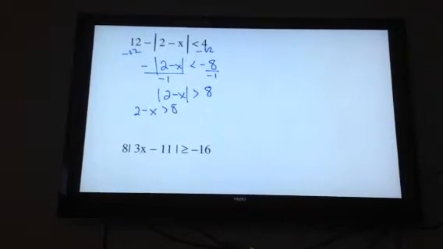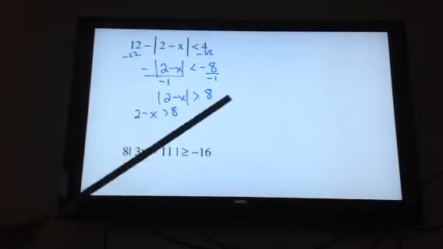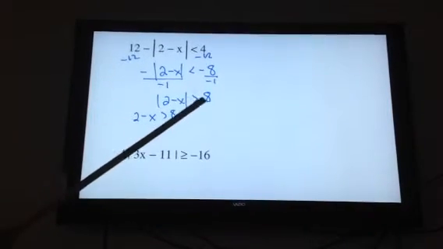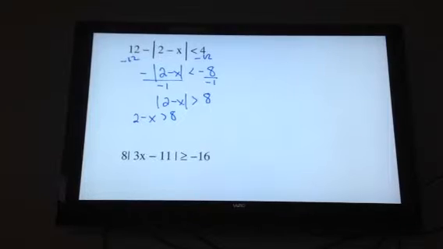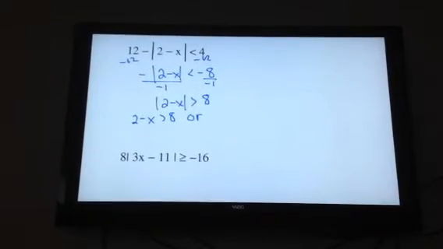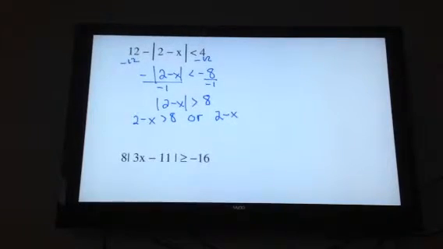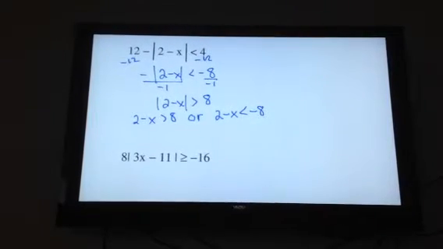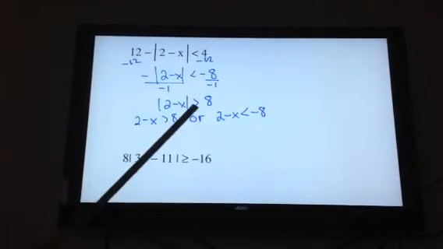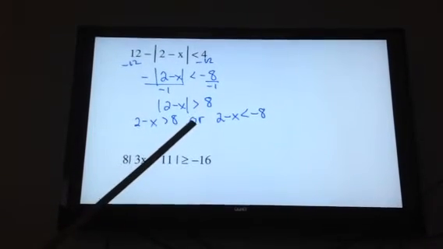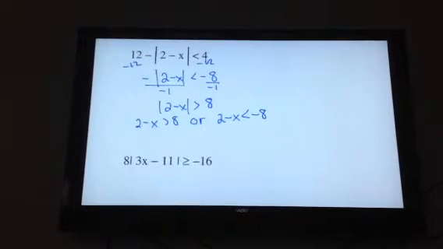The first case always just looks like exactly what you have, drop the bars. It is a greater than, so I'm going to have the word or, and then case 2, left side stays the same. 2 changes, the direction of the inequality symbol and the sign of the number. Okay? So again, I'm going to emphasize that this is where I determine, when I get ready to set up my cases, what word I'm putting there, not the beginning of the question.